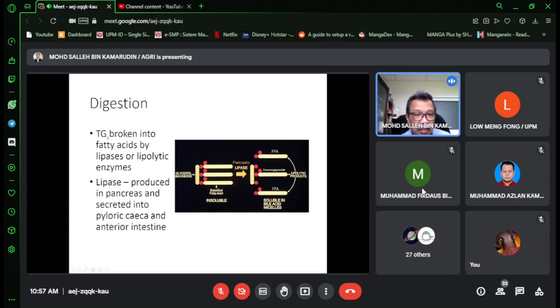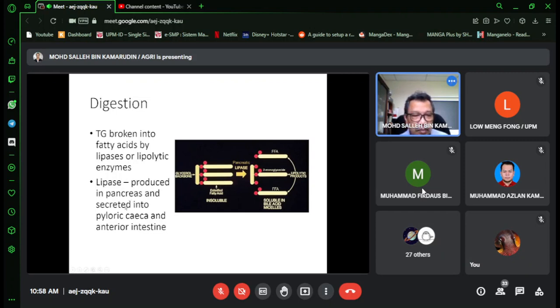So the triglyceride will be broken into fatty acid by lipase. Will be lipase first, and then there will be also esterase. So each of these enzymes has a different function in the digestion. And the lipase is from pancreas, bile is from liver, and the triglyceride will be broken into free fatty acid.